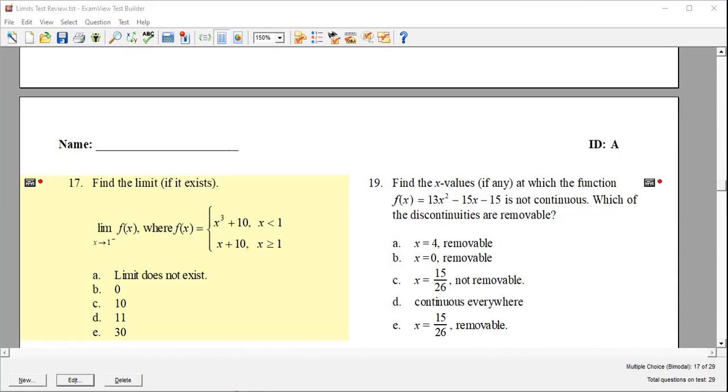So worst case, do your little chart. Where are we going to? 1. So we put numbers that are less and numbers that are greater than 1. If you look back at your beginning chart, and you can do this on your test as well, it was 0.9, 0.99, 0.999.